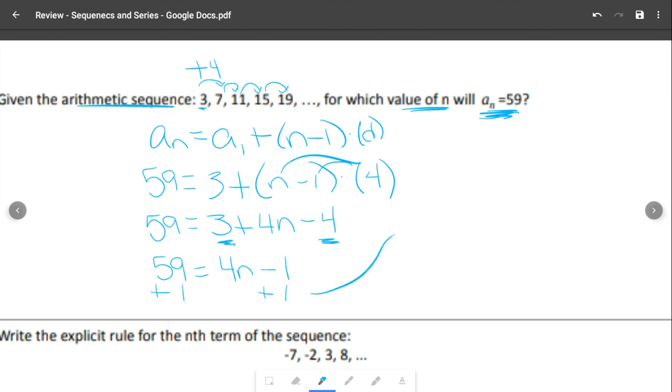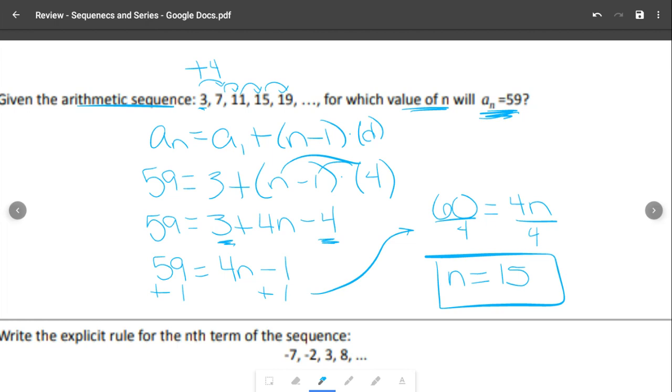Add the 1 over. So 60 equals 4n. Divide by 4. So you should get that n is equal to 15.